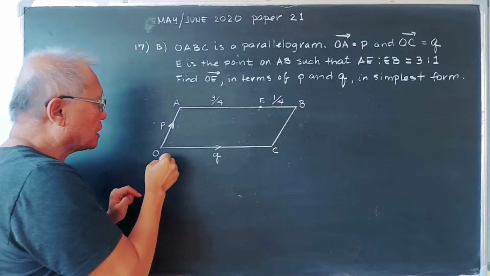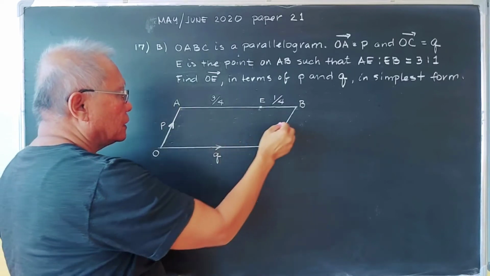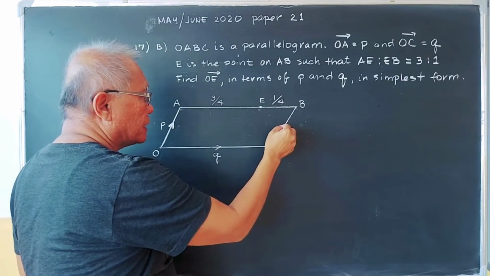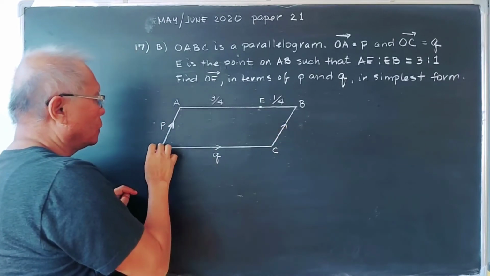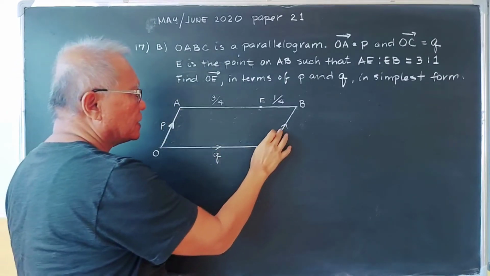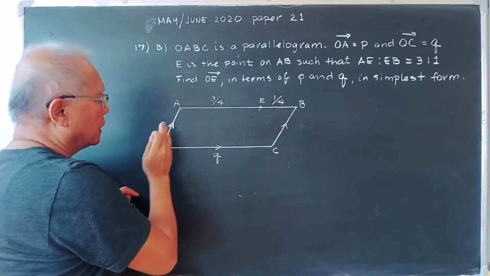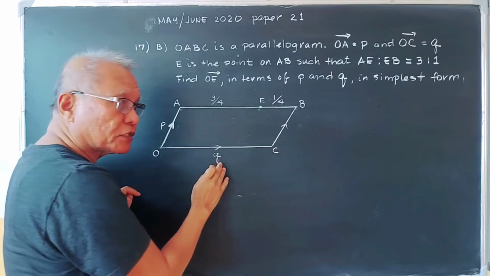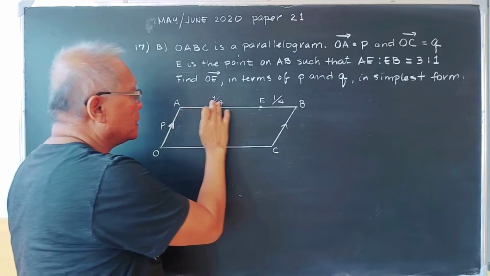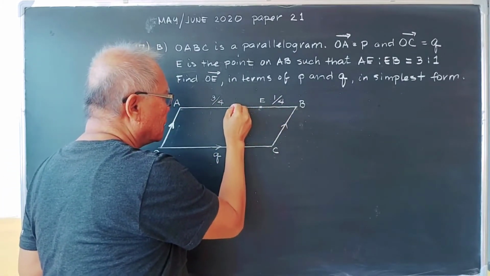Because it is a parallelogram, OA is equal to CB, same direction. OC, which is q, is equal to AB vector on the other side.